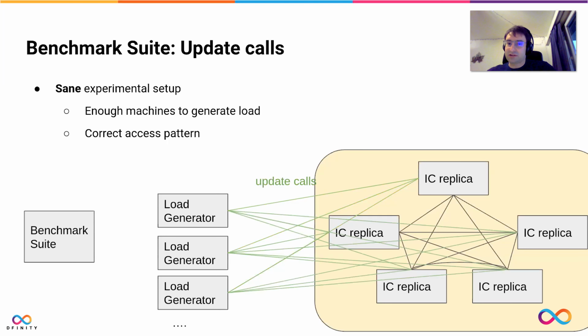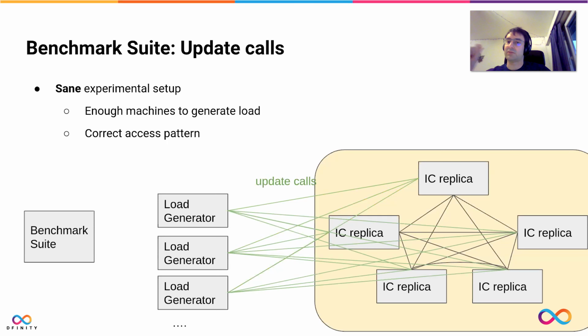But for update calls, we need to address all IC replicas. And the reason for that is that, as I said before, before we can execute those updates, we need to order them, and the order is done by consensus. And in order for consensus to happen, a majority of the machines need to see those update calls beforehand.